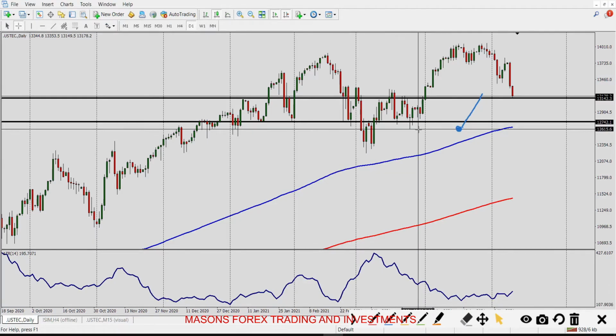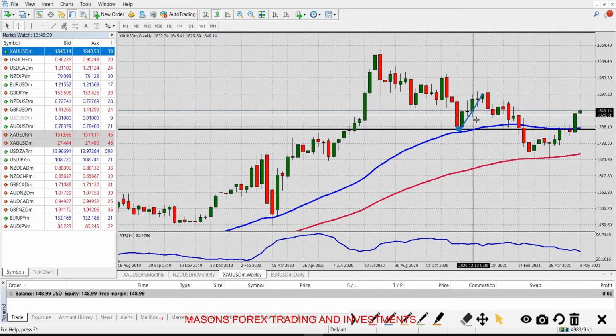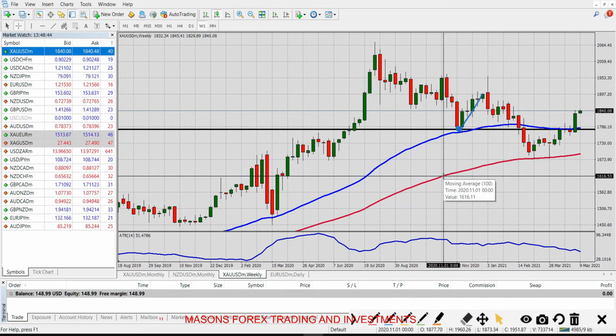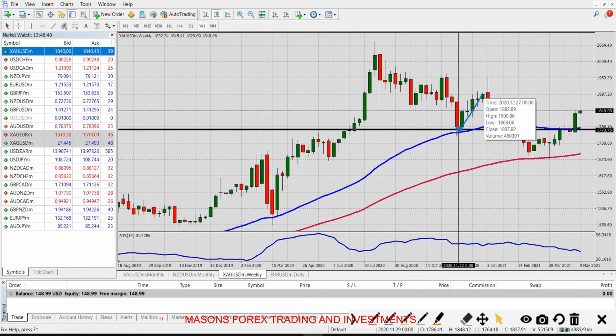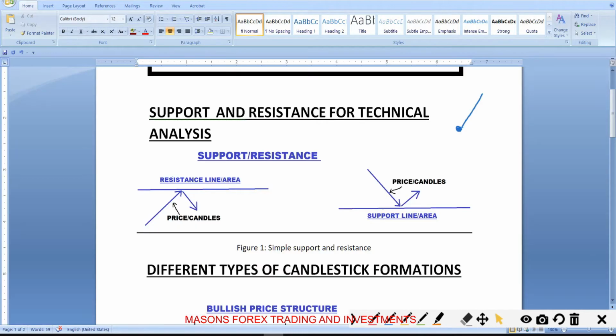Going back to the chart, sorry, see price reached this level, which is approximately 1786.11, and it pushed away from it, so it formed a support. If we go back to this support line or area diagram, you'll see as we came into this line, we moved away from it, and we look to profit from this technical analysis, support and resistance information.